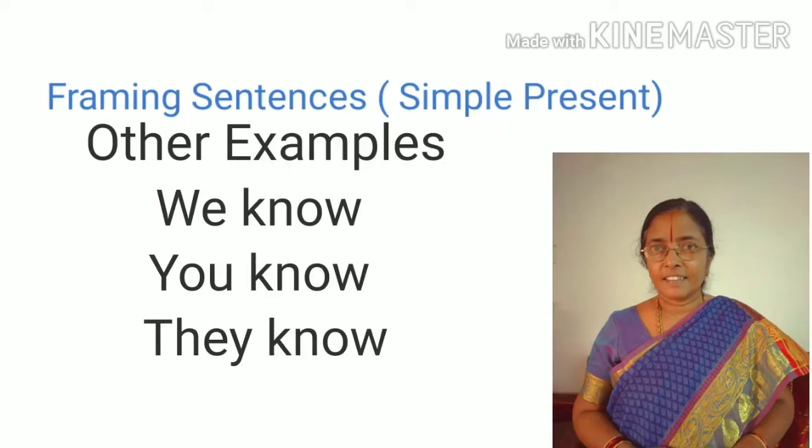So first person, whether it is singular or plural, second person singular or plural, third person plural, we need not add s to the verb if it is in simple present tense. Same in case of negatives also. We know. What is the negative form of it? We don't know. You know. You don't know. What is the negative form of they know? They don't know. So all these things we have to keep in mind while framing sentences.